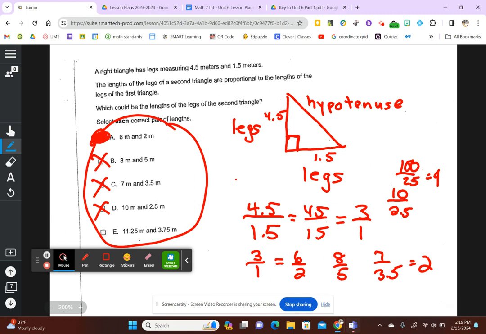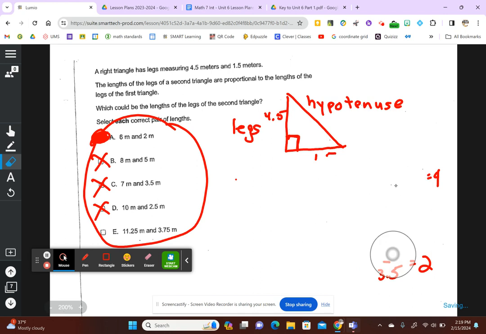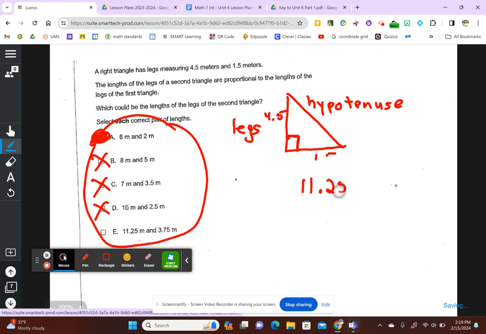And the last one, let's make some room to show work. Okay, the last one is 11.25 over 3.75. And I want to know if this is in a ratio of 3 to 1. And I think it's going to be easier to multiply than divide.